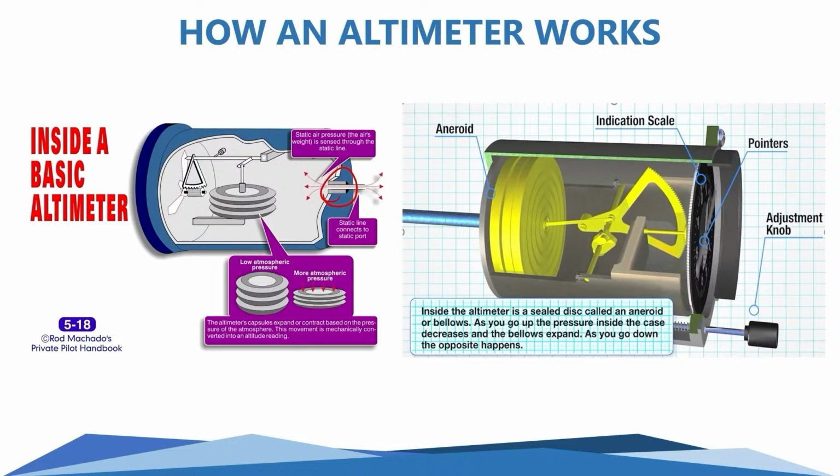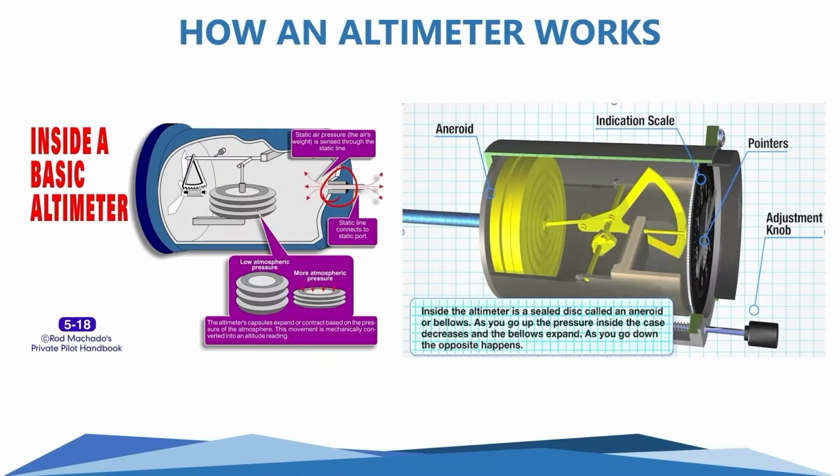Inside of the casing, you're going to have your aneroid wafer, or basically this little bellows. If we're at sea level, because there's more atmospheric pressure, that pressure is pushing down on that aneroid wafer, so it's compressing it. As you start to increase in altitude, the pressure becomes lower. It's lower atmospheric pressure, or what we say the partial pressure starts to decrease.